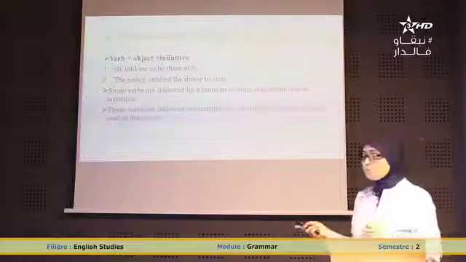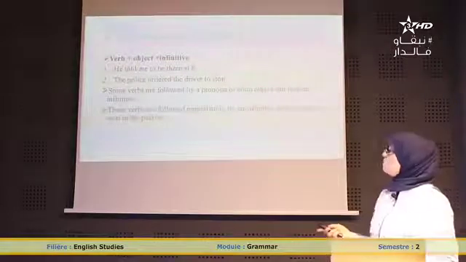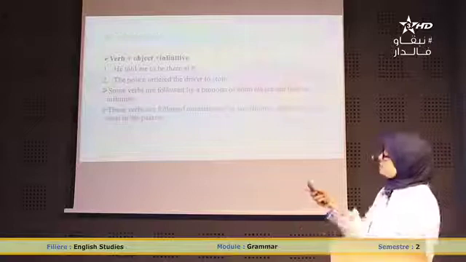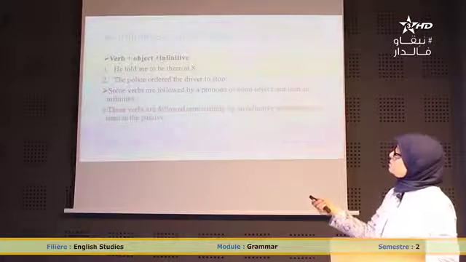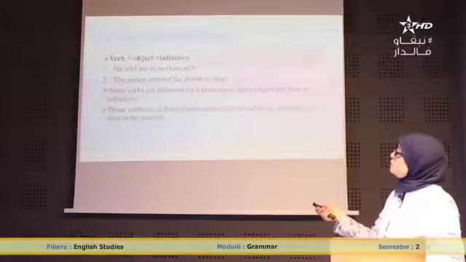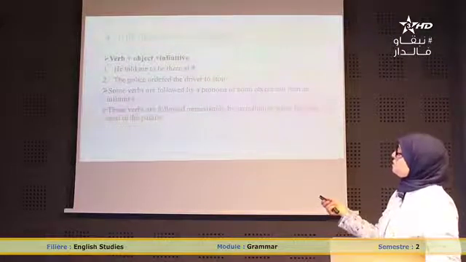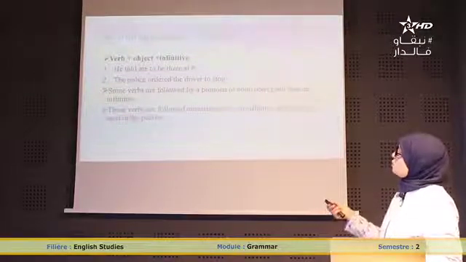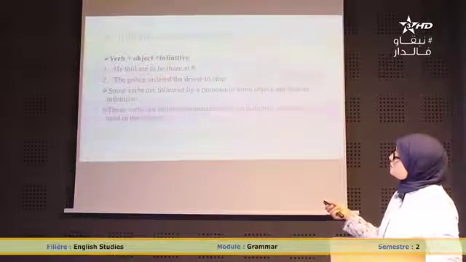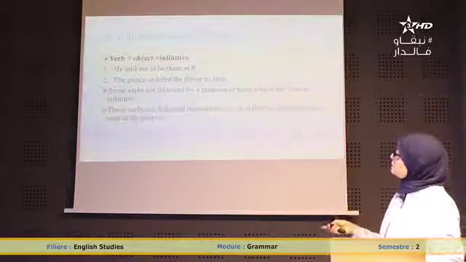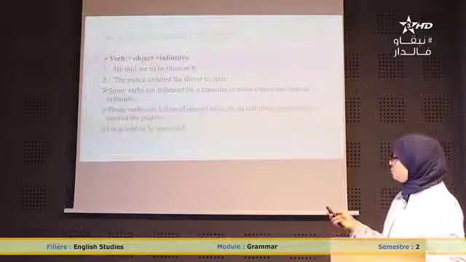These verbs are followed immediately by an infinitive when they are used in the passive. Now, if you look at these sentences, number 1 and 2, they are in the active voice. So he told me to be there at 8, and the police ordered the driver to stop. If we put these sentences into the passive, look at what happens. I was told to be there.